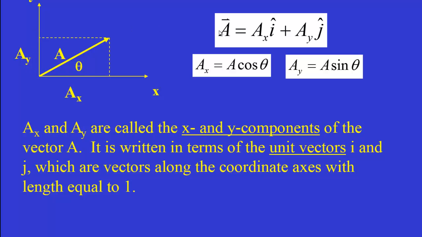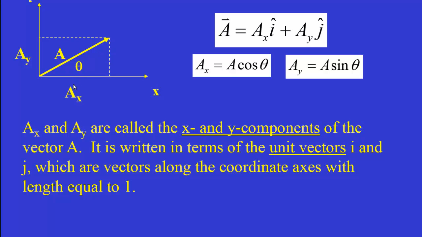And so we can write down this vector uniquely by writing it as A sub x times i hat plus A sub y times j hat, which means you go A sub x amount along the x direction, and then you turn and go A sub y amount along the y direction, and that takes you from the origin along the x direction and then up along the y direction to get to the tip of the arrow.